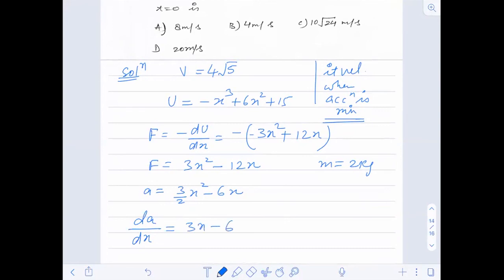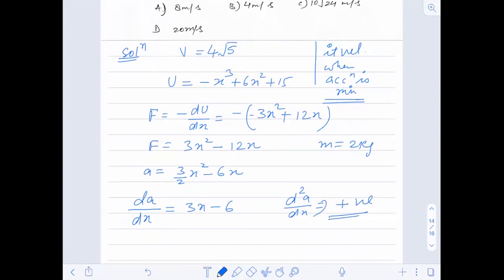If I differentiate once more, double differentiation, I am getting a positive value. So if the double differentiation is positive, acceleration will become minimum. Now I can equate the single differentiated value to 0 and I calculate x as 2.